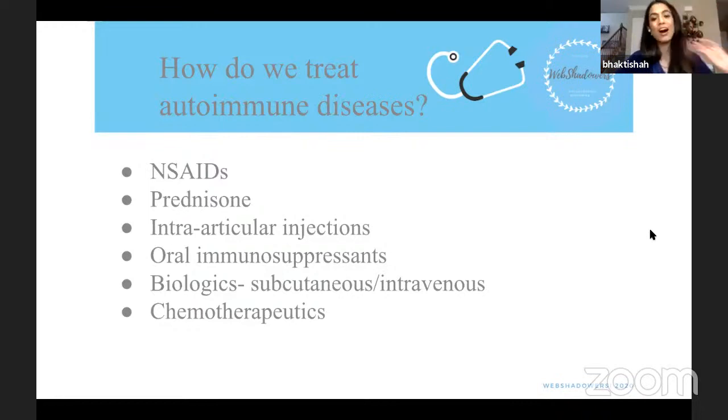But steroids work on essentially the production of inflammatory molecules. If you want to talk about this a little further, I promise I will get to it at the end. But prednisone really works on the intracellular mechanisms of how inflammatory molecules and cytokines are created.